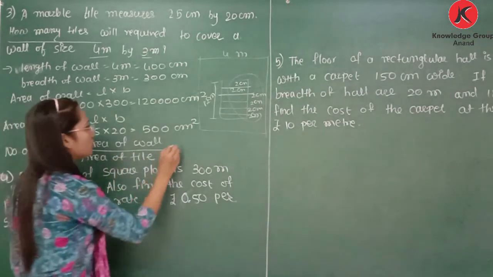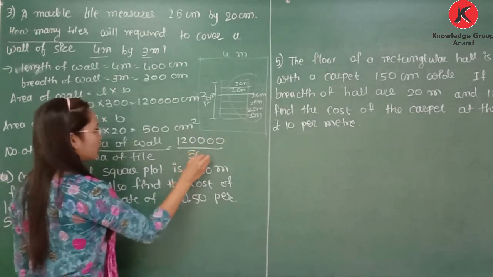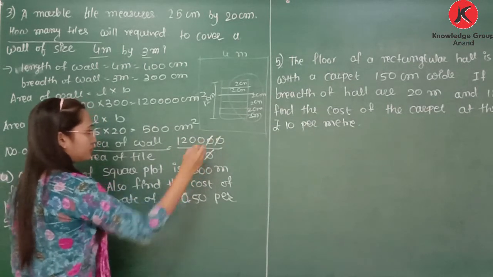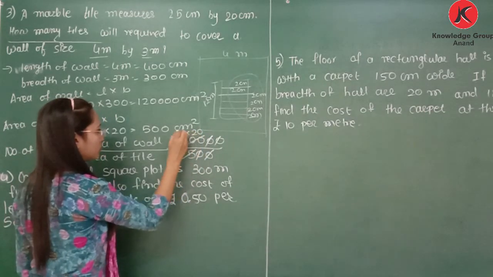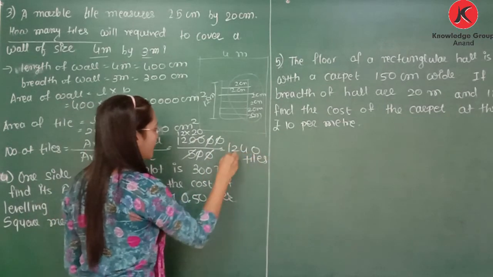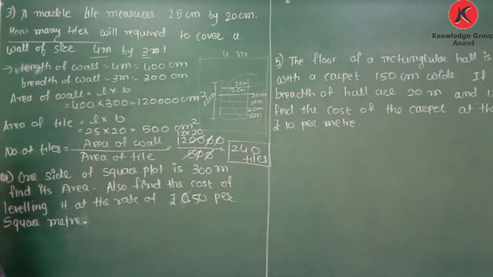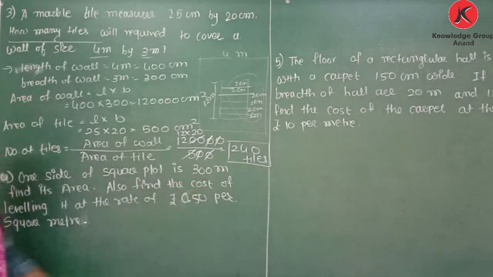So that is 120000 divided by 500, and these 240 tiles can be placed on a wall. Clear?